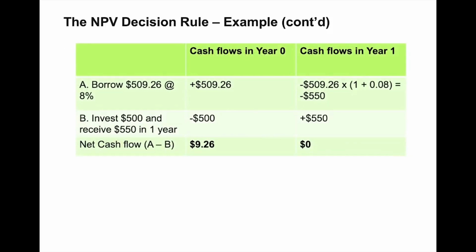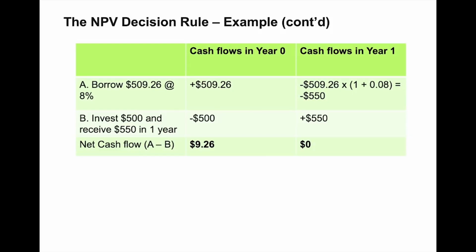This table here will let you visualize the cash flows. So when it comes to topics like arbitrage, I like to set my cash flows out like this. So the cash flows in year 0, we can see that we receive a cash inflow of $509.26 from the bank when we borrowed the money. And then we experience a cash outflow when we invest the $500.